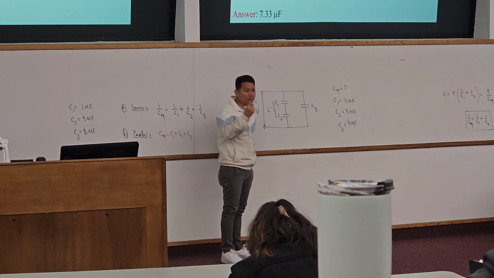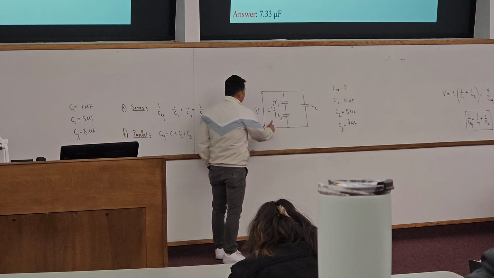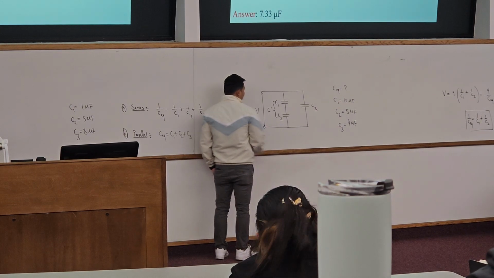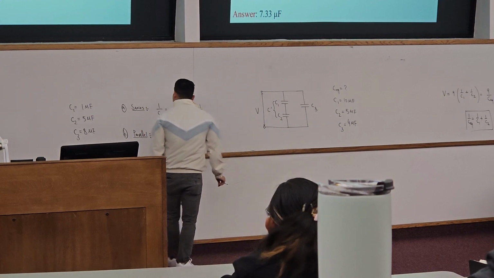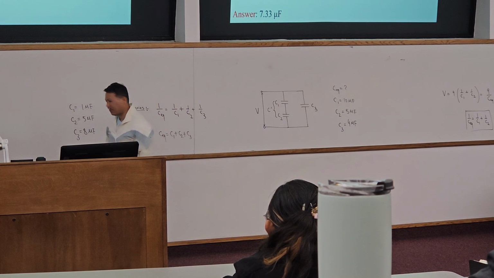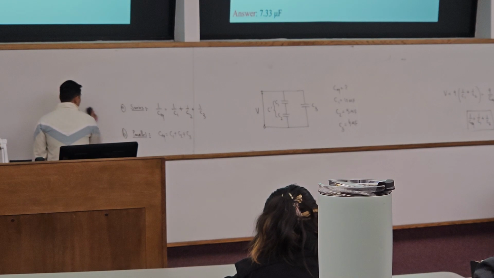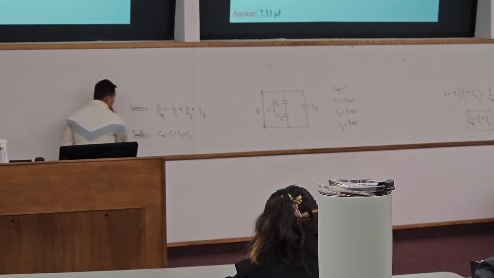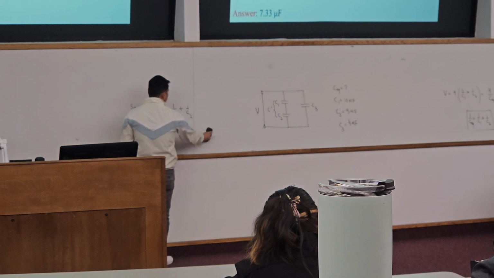So you have to use both formulas over here. Let's try to find C prime first. Because C1 and C2 are in series, I just use this series formula.